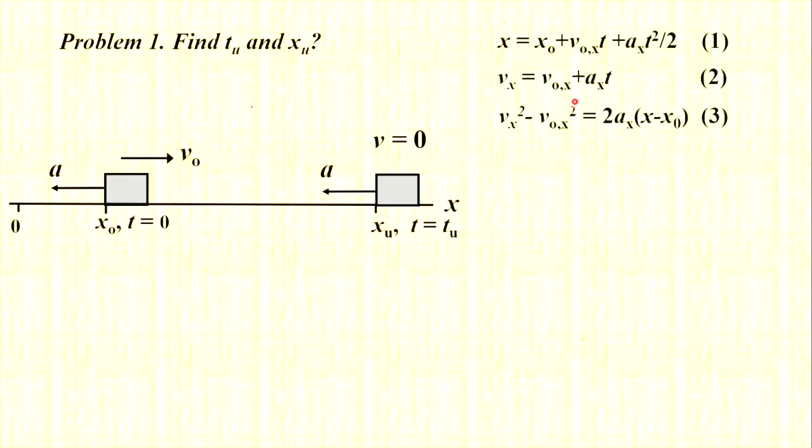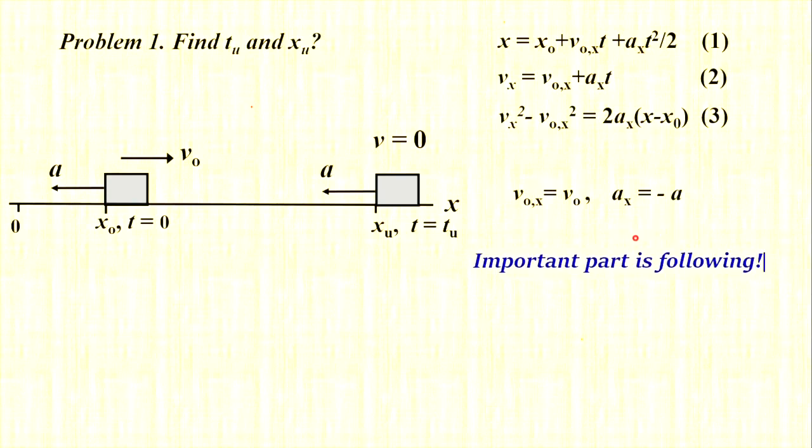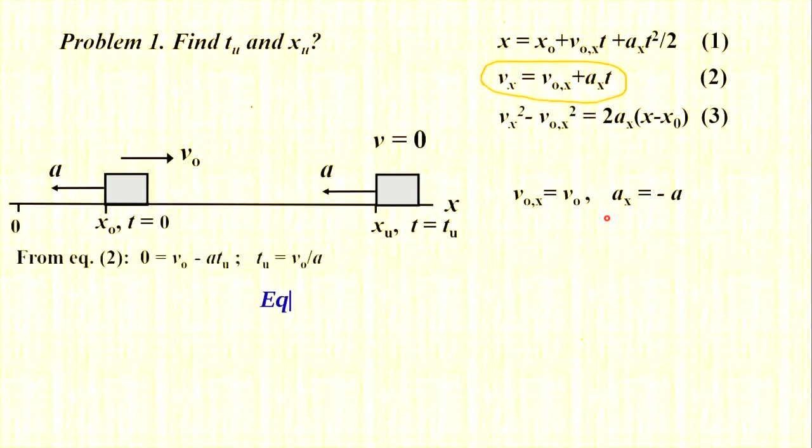So we can apply kinematic equations in this form, and we can write the initial x components of velocity and acceleration as shown here. Now the next step we can do with equation 2, because we know the final velocity 0, we know the initial velocity and initial acceleration.